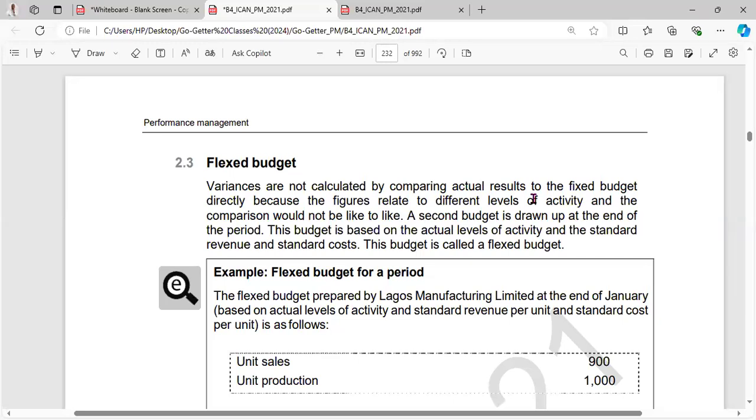What if we have planned that it was 1,000 we will produce and it was 900 we are going to sell? How will our second budget look like? So it means that you are now adjusting your original budget, which was done at the beginning, to suit the actual level of activity.